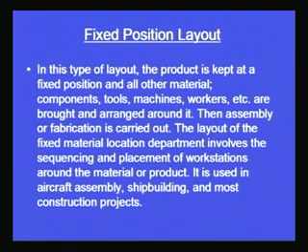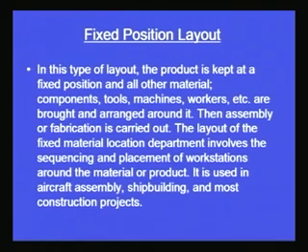So I will again read it for you. In this type of layout, the product is kept at a fixed position and all other material, components, tools, machines, workers are brought and arranged around it. Then assembly or fabrication is carried out. So whatever operations have to be done, they are done at that particular location that we can call the fixed position also.